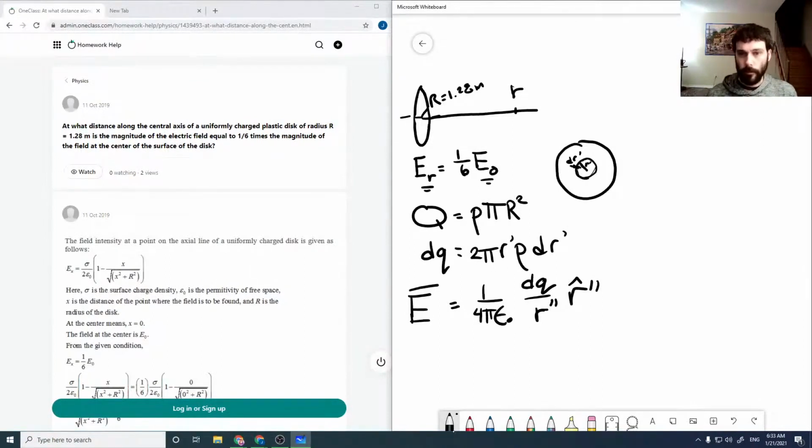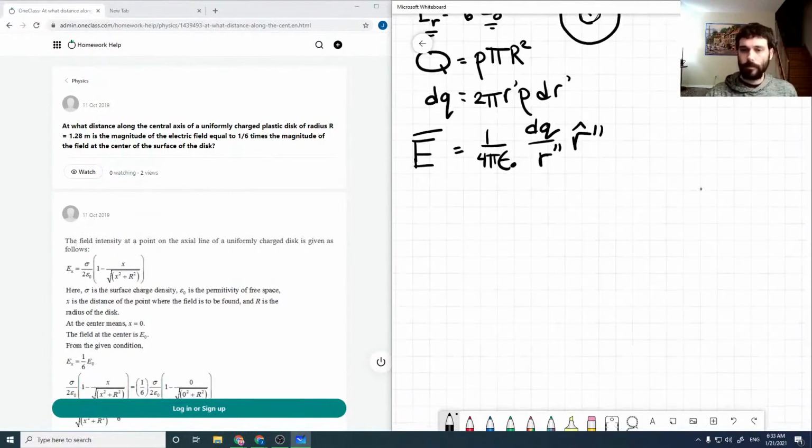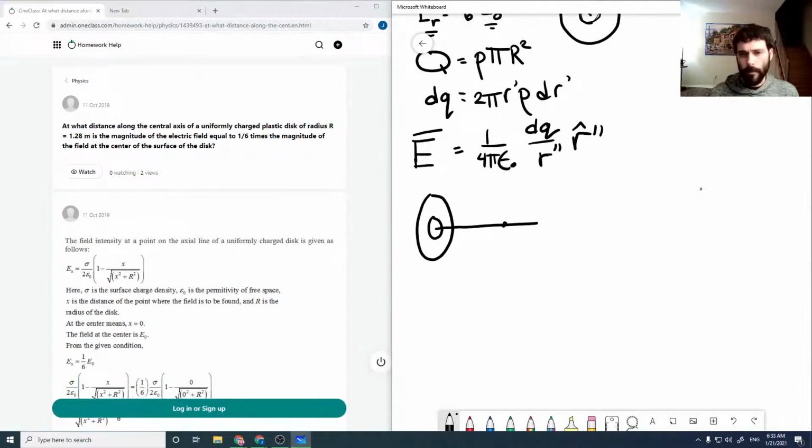So if we're looking for our directionality here, we've got some disk and some incremental area, and so the r hat prime here, or the r double prime here, is this, and what we're looking to solve for is this r here.